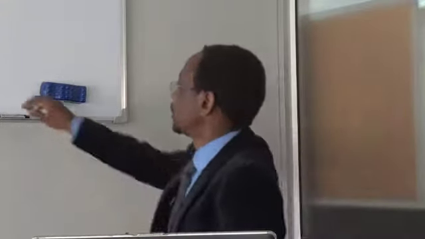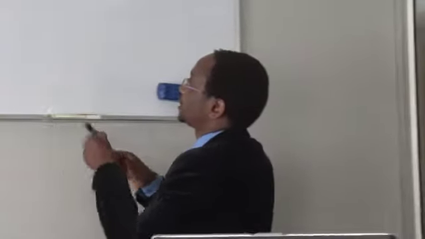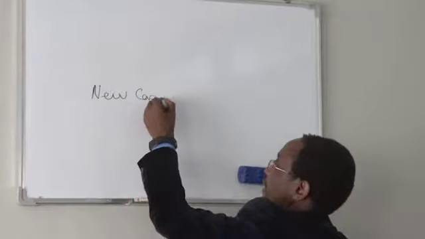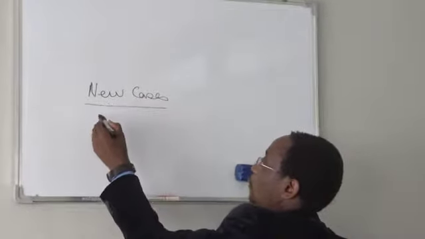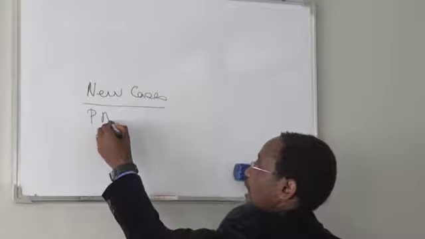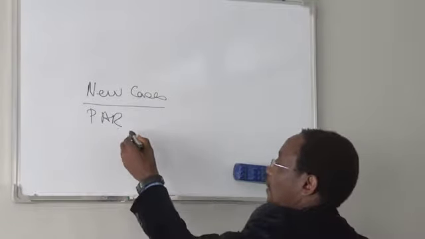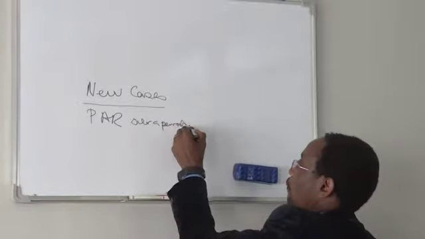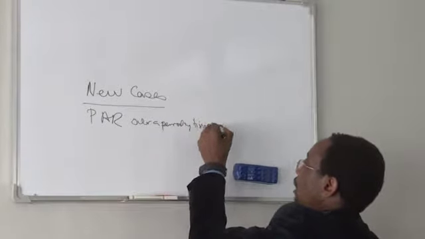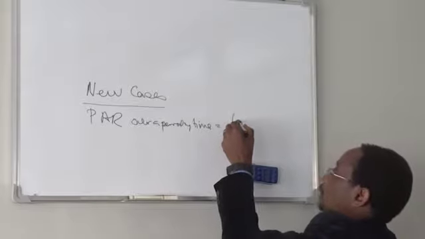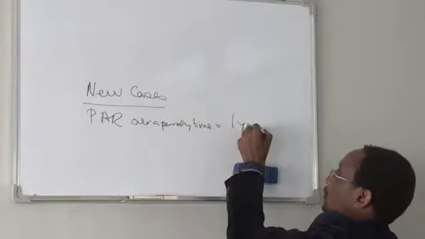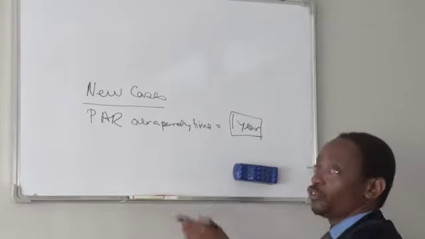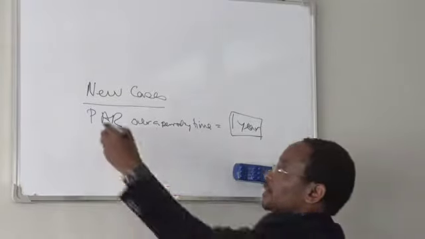So incidence is new cases over the population at risk over a period of time. And sometimes we compute incidence for 1 year, and then we say the annual incidence of this particular disease is this.